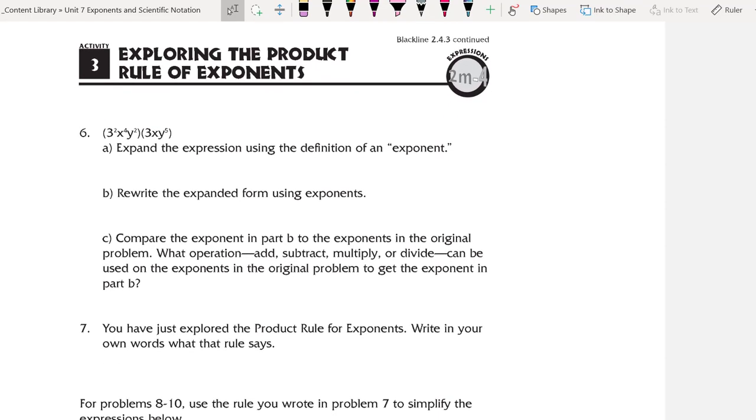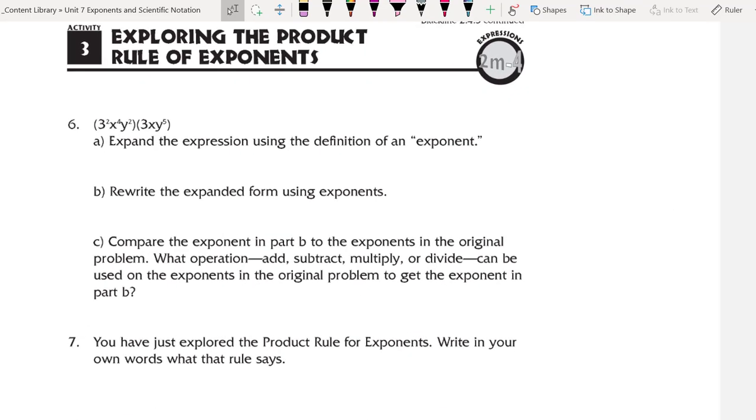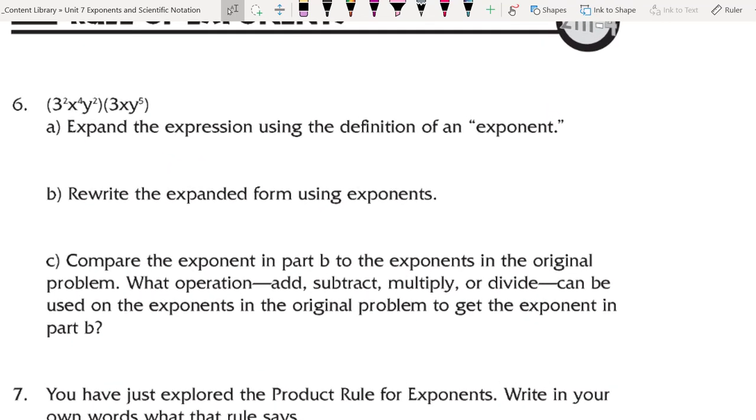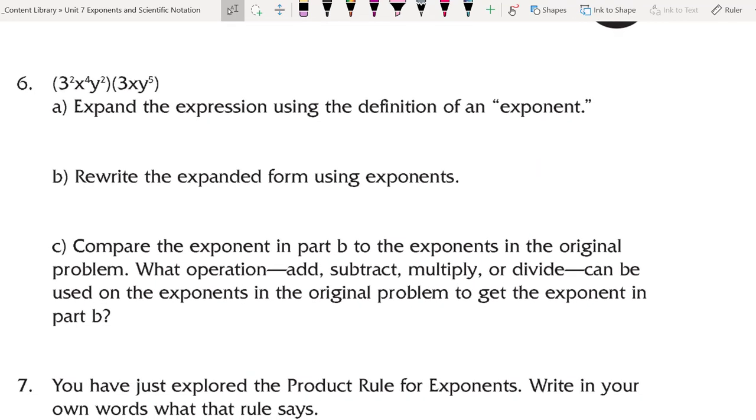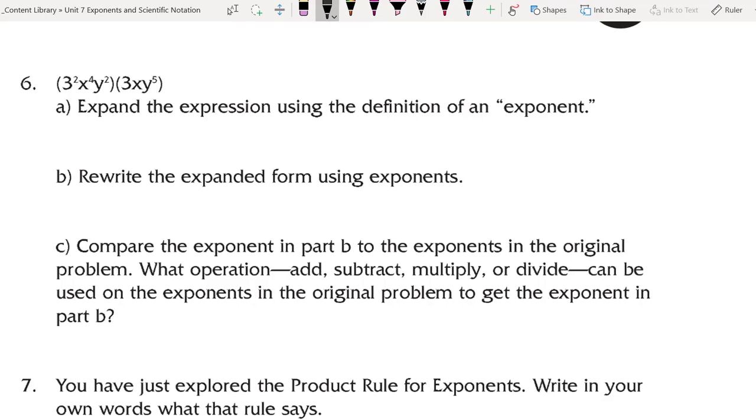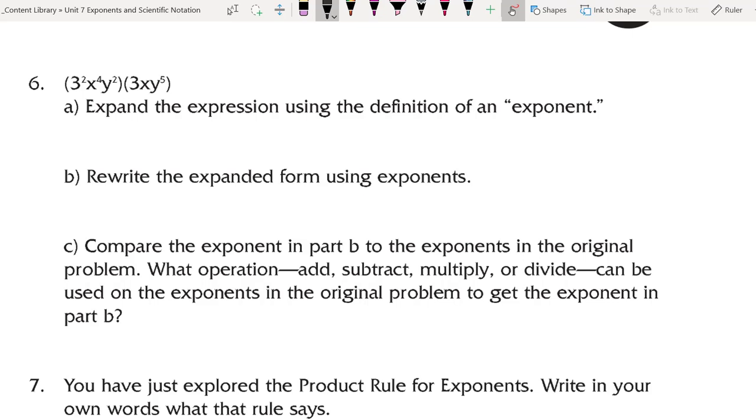Now we're going to get into something that's a little more complicated. Expand the expression using the definition of an exponent. Okay, so we're going to take 3 to the second power and write that as 3 times 3. We're going to take x to the fourth and expand that as x times x times x times x.